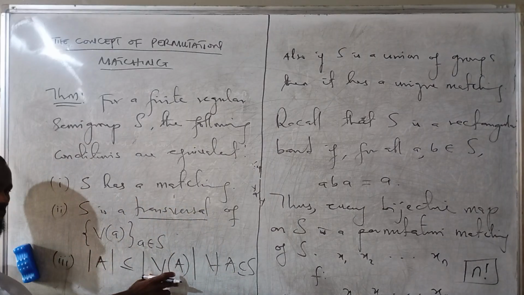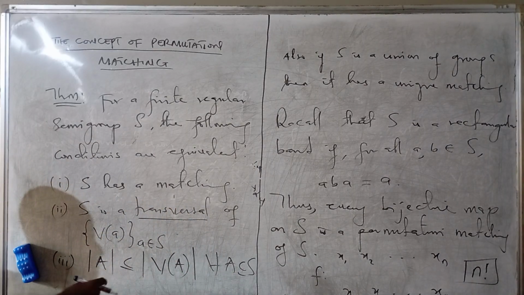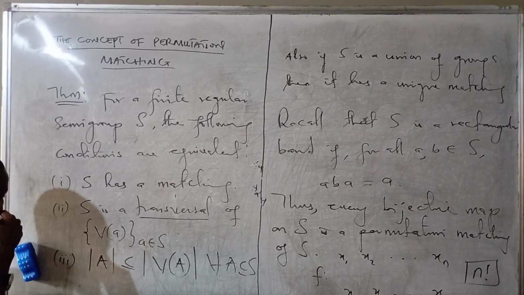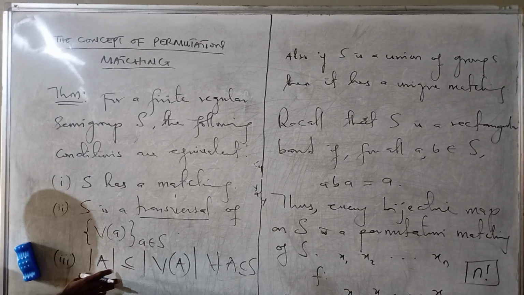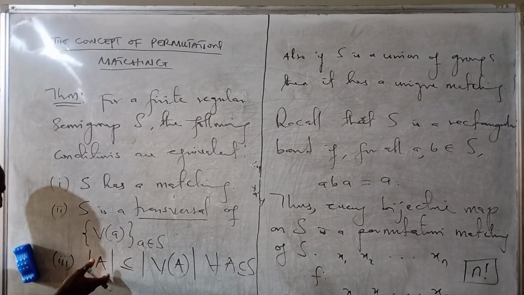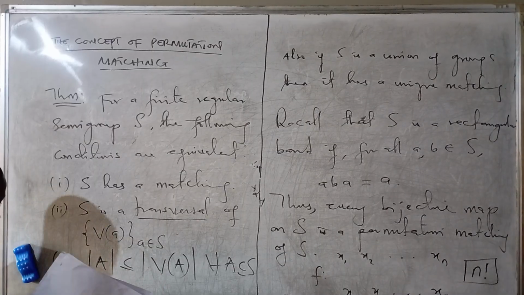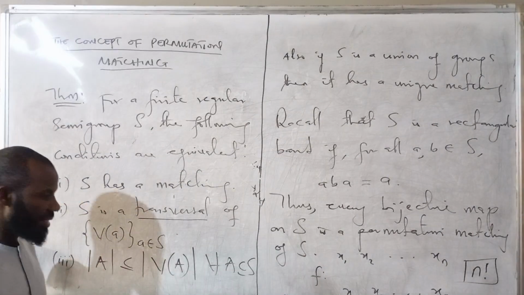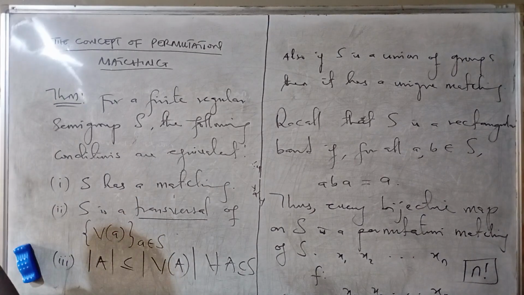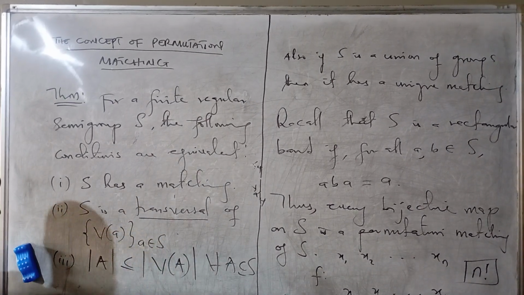If you pick any subset of the semigroup, then the collection of inverses of that set of elements should contain at least as many elements as the set itself. So every element of the collection must have at least one inverse. Are you following?